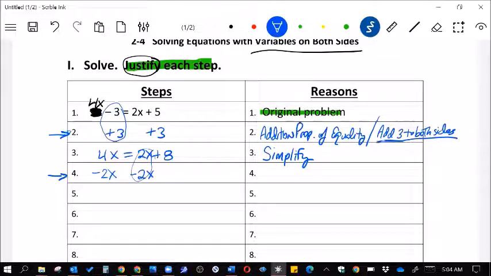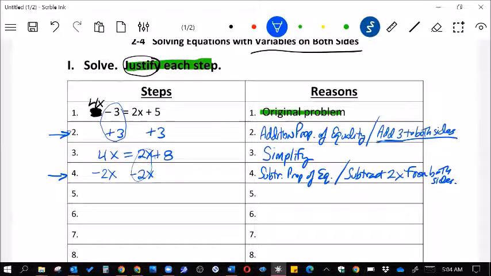So this one is the subtraction property of equality. But we can also say that it's subtract 2x from both sides.